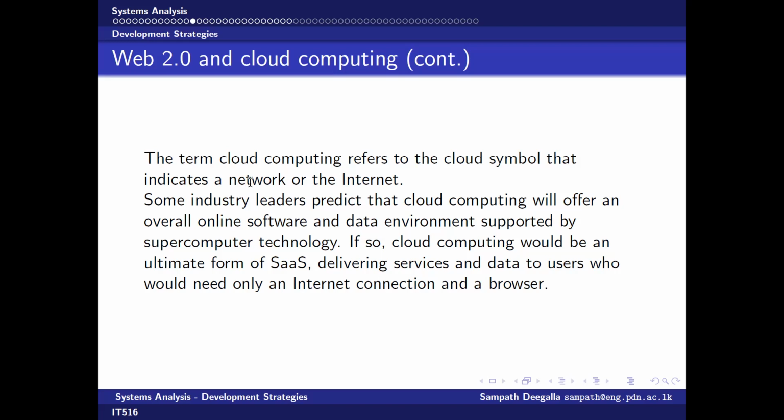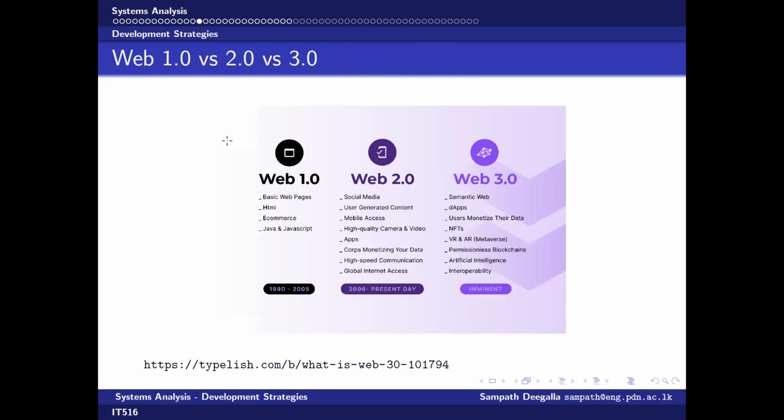So overall, online software and data are supported by supercomputer technology, and cloud computing would be the ultimate software as a service, delivering services to users who would need only an internet connection and a browser. So you can see this is where we were heading, right?